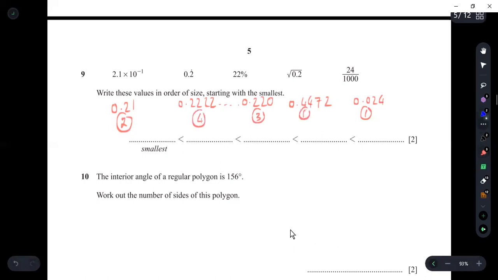So we can write the highest number, which is the fifth one. 0.447, sorry, it is better to write the actual numbers which are given.